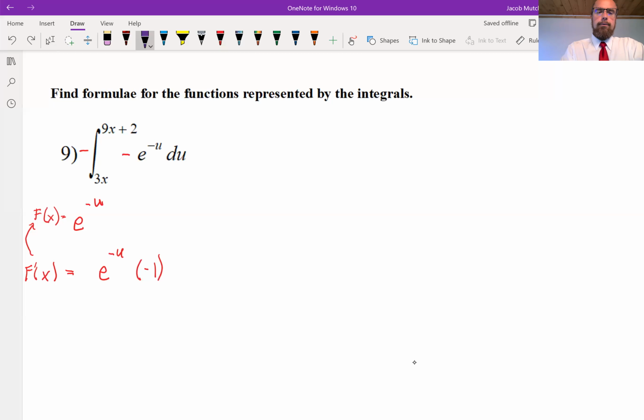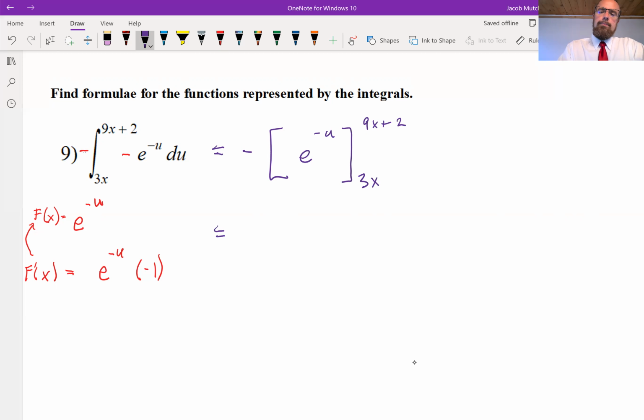So we're ready to go. This is going to be equivalent to negative, so I'm just pulling that negative out front first, times the antiderivative of this, which we found was e to the power of negative u. And we're integrating this from 3x, lower limit of integration, to upper limit 9x plus 2.